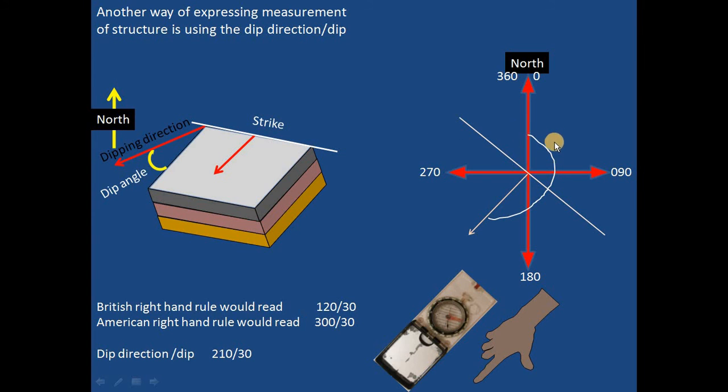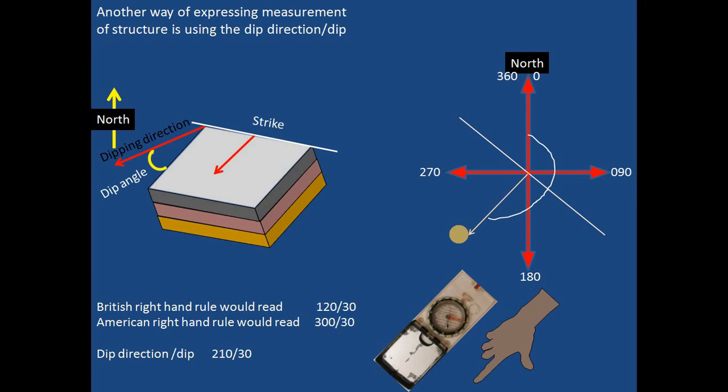Therefore, in this case, our beds are dipping in this direction. Therefore, the angle here will be, you will start counting from north, 0, 90, 180, then it should be somewhere here, which is 210. See, very simple.